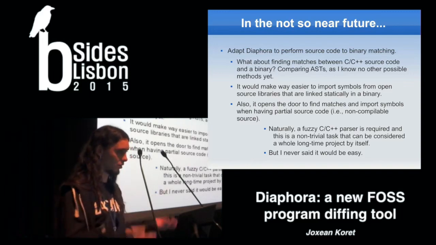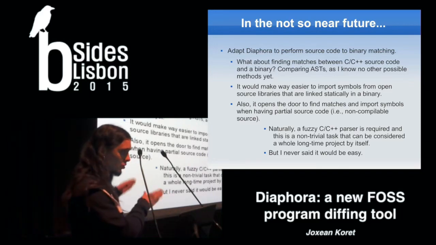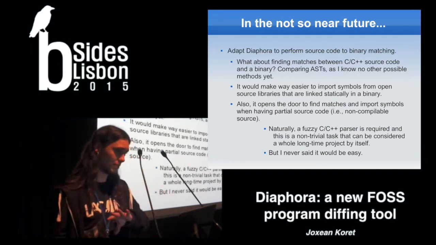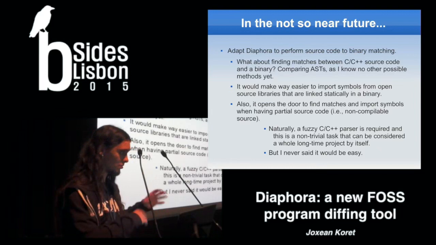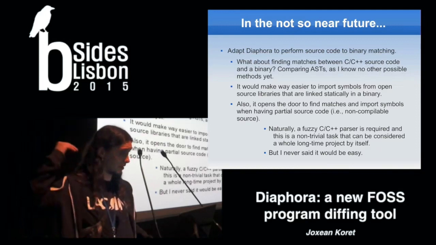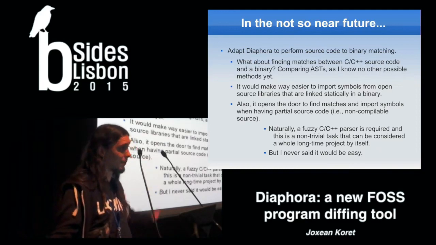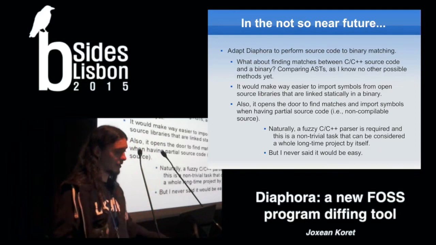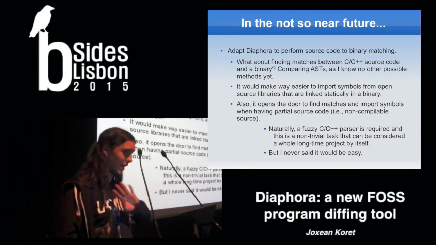So you don't have to waste your time analyzing the OpenSSL related functions in your commercial product. You simply compare them and import all the symbols, and that's all. I plan to do it by comparing the abstract syntax tree from both the source code and the decompiler generated one. It's not easy at all.